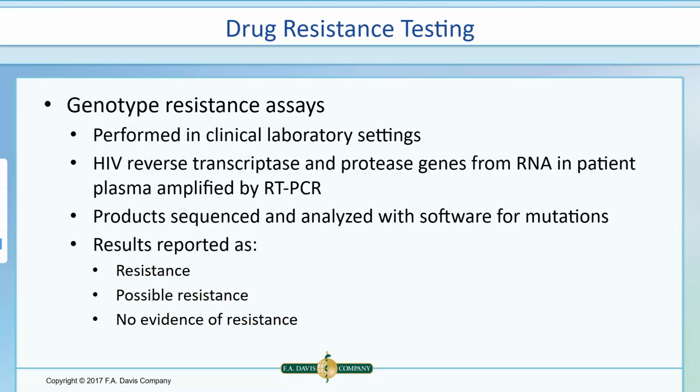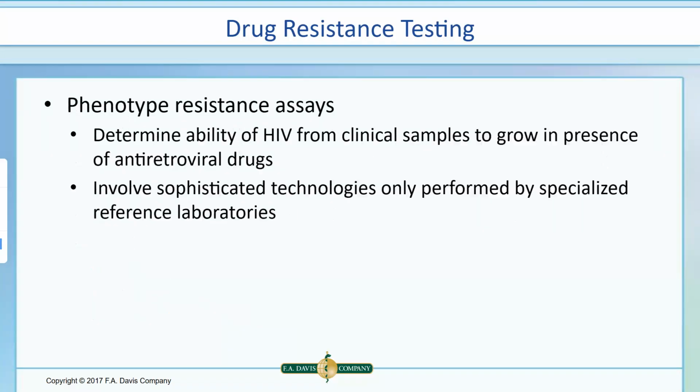Products are sequenced and analyzed with software for mutations. They're reported as resistance, possible resistance, or no evidence of resistance. Phenotypic resistance assays determine the ability of HIV from clinical samples to grow in the presence of antiretroviral drugs. It involves sophisticated technologies and is only performed by specialized reference laboratories.